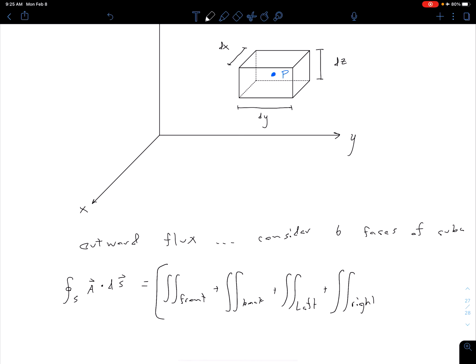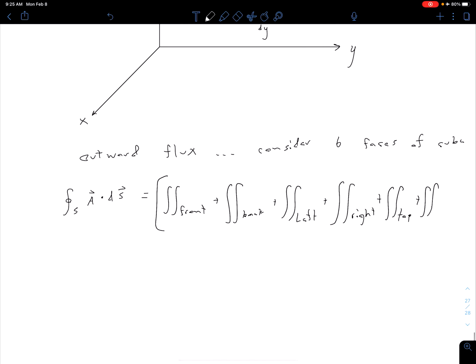These are all double integrals because we have a 2-dimensional surface, plus the integral over the top, plus the integral over the bottom. I've run out of space, but all of those are A dot ds. So that A dot ds should be up here.